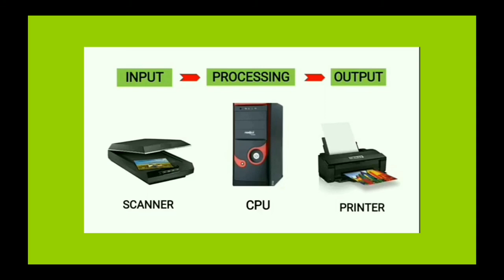That is, the CPU will send the photograph to the printer, and then the printer will print the photograph which was scanned by the scanner, and it will give us an output, and thus we will get the printout. So children, in this way the input and output devices work.